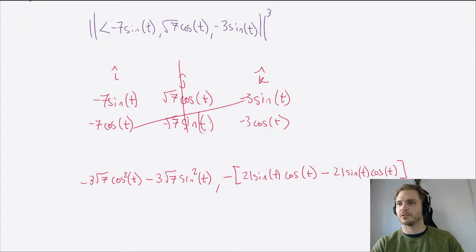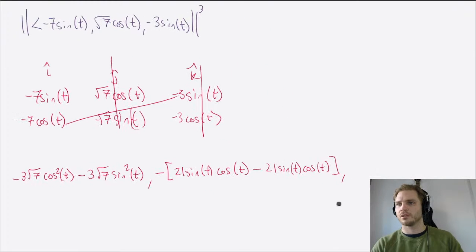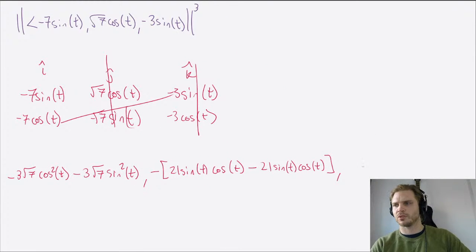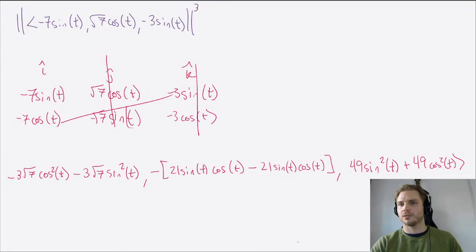Okay, that's the j. Now cover this and cross these. What do we get here? We get 49 sine squared t plus 49 cosine squared t. And that's cool.